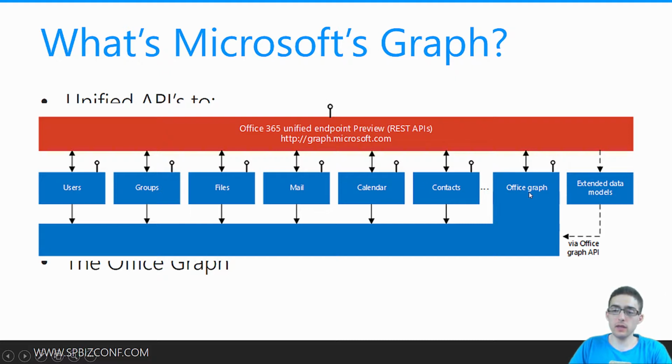And then you have what we call the Office Graph, which is based on two things. It's based on what we call insights. Because objects are all together and connected, the graph will be able to guess things about the users or the data, and to give you access to these guesses using endpoints.